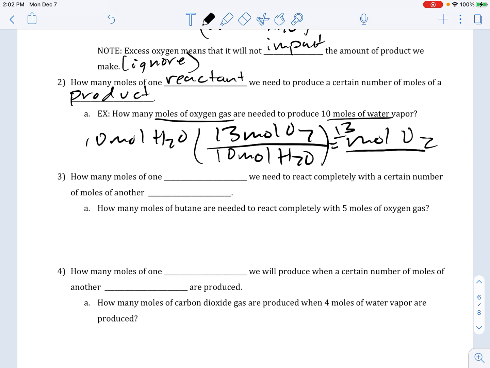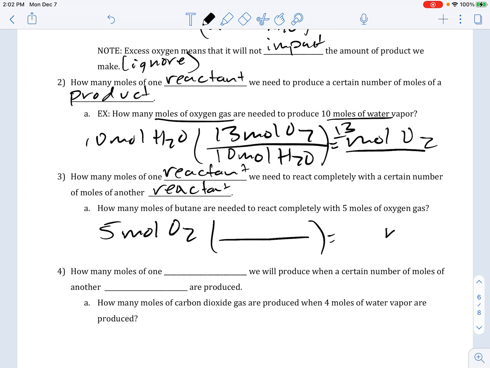Next, I have a ratio of one reactant to another. This time I have 5 moles of O2, and I want to figure out how many moles of butane I need.